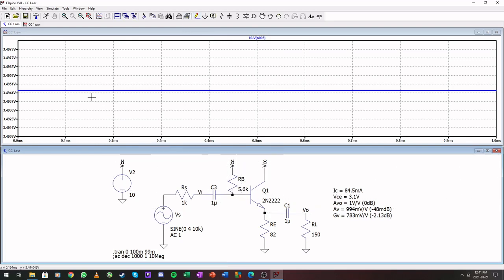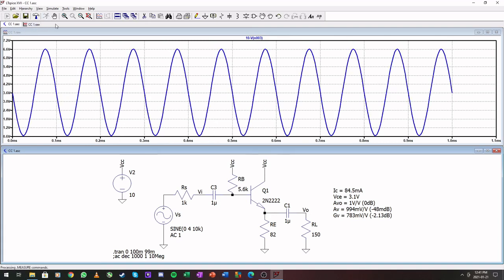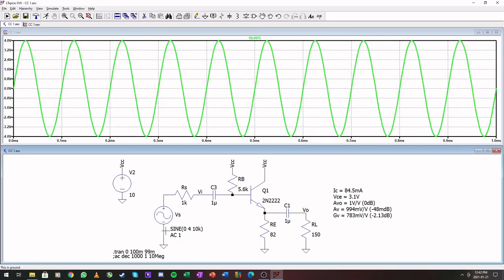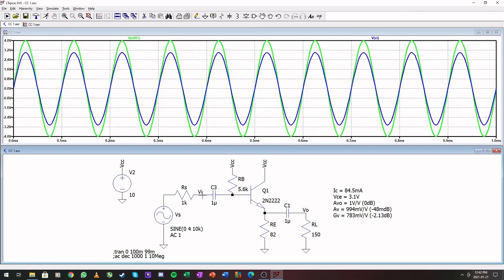Okay, in the end, the best way to get a common collector going after you've designed it is to simulate. They are sometimes a wee bit more twitchy than the values you calculated. Okay, so we started with a 4 volts peak input, and going into the amplifier, it decreases immediately.